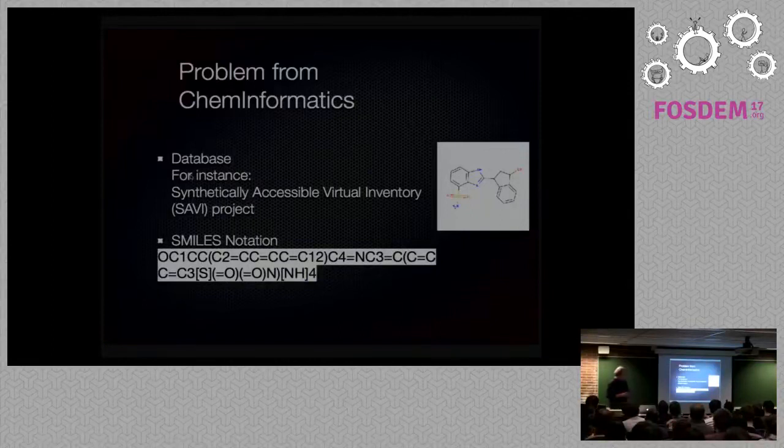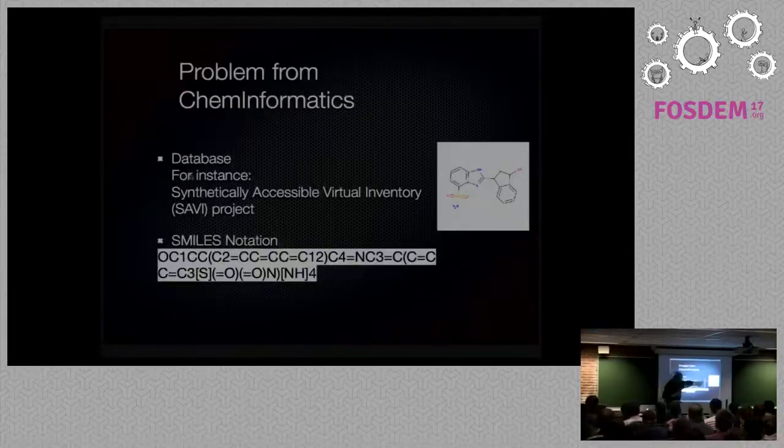The problem I had to solve was from chemoinformatics, for the development of medical drugs. You have a large database of molecules which can be produced quite cheaply, written down, for instance, in the SMILES notation.